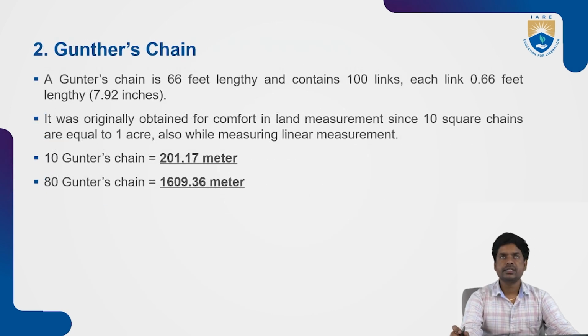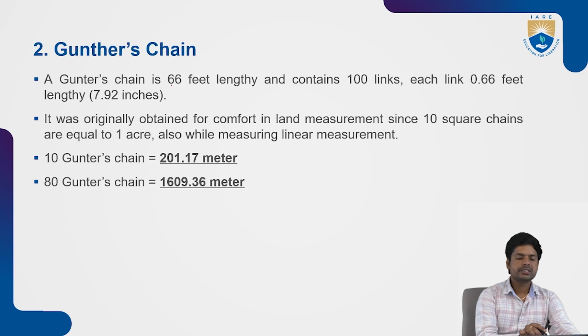The next type of chain is Gunter's chain. Gunter's chain is 66 feet in length and contains 100 links.